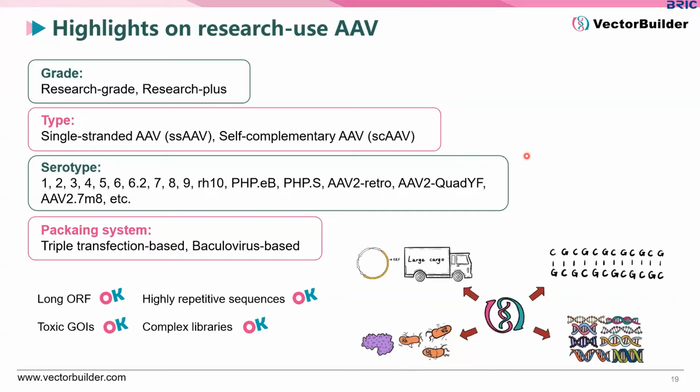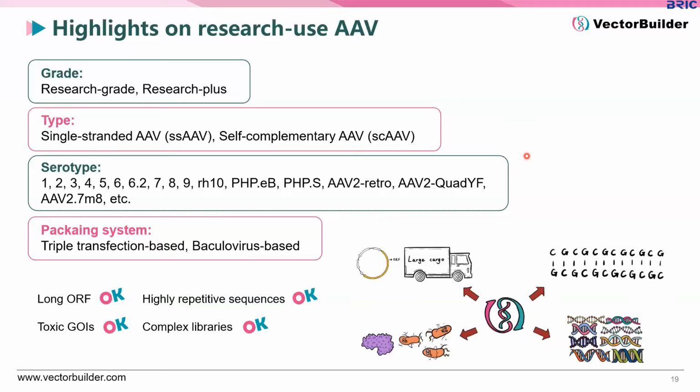In terms of serotypes, we can do a lot of different serotypes, including engineered capsid designs provided by customers, and all well-known serotypes, wild type and engineered. So basically, you design it, we can do it.